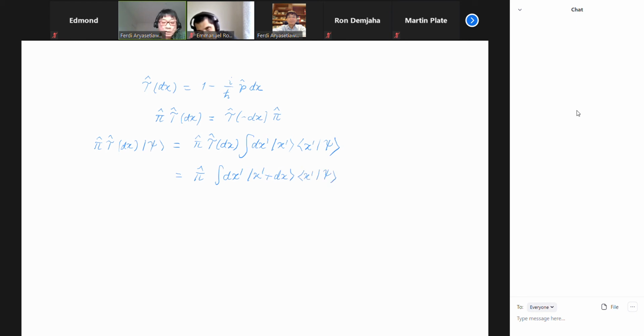And then we can use the definition of the inversion operator, so that becomes minus x prime minus dx. So like that.